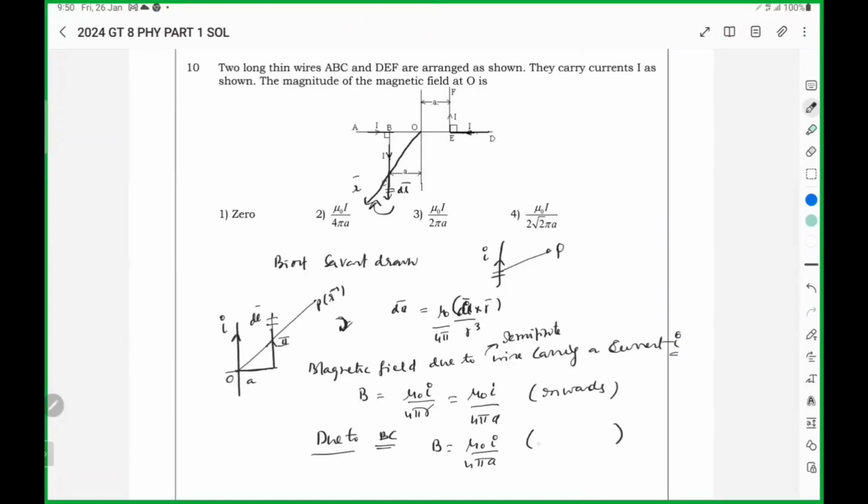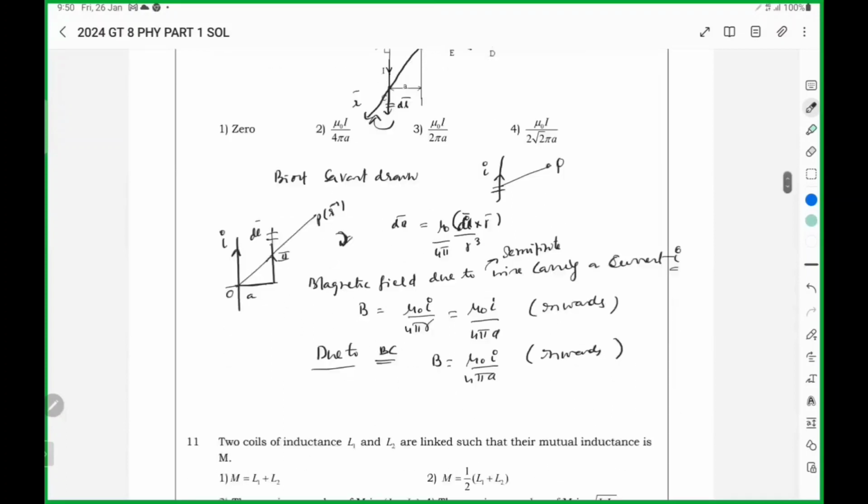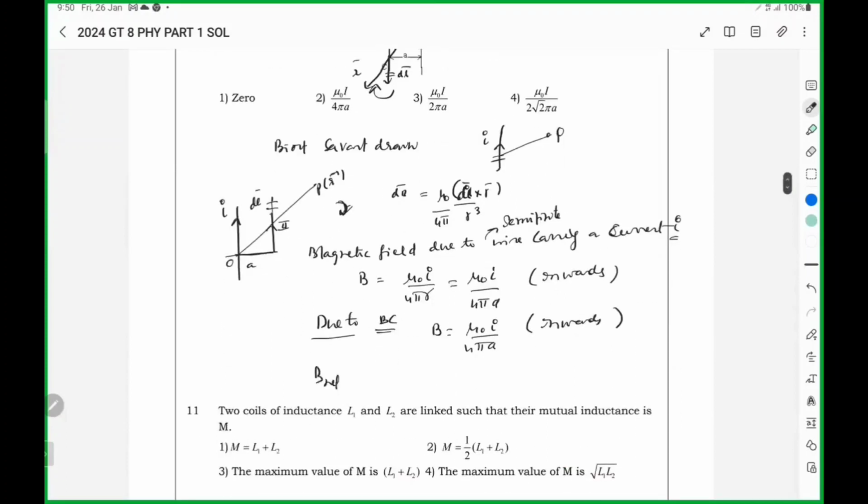Clockwise direction means again here inwards. So the net magnetic field will be mu naught I by 4 pi a plus mu naught I by 4 pi a, which is 2 mu naught I by 4 pi a. That is mu naught I by 2 pi a.